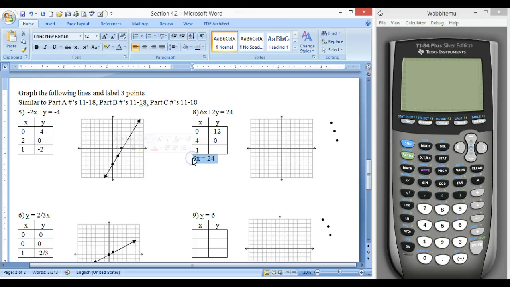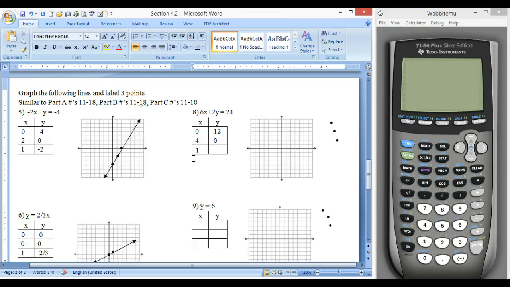And then the last step, I'm going to plug 1 in for x and put in my parentheses 1. 1 times 6 is 6. And then to isolate, we take this 6, subtract it from both sides.